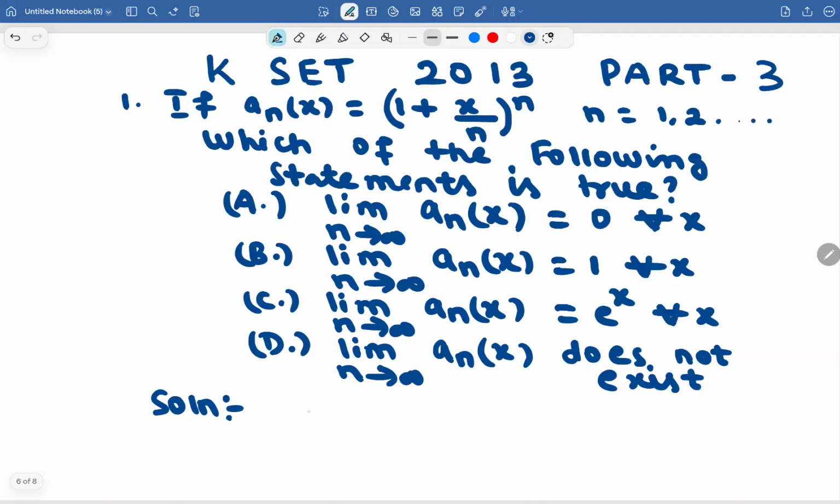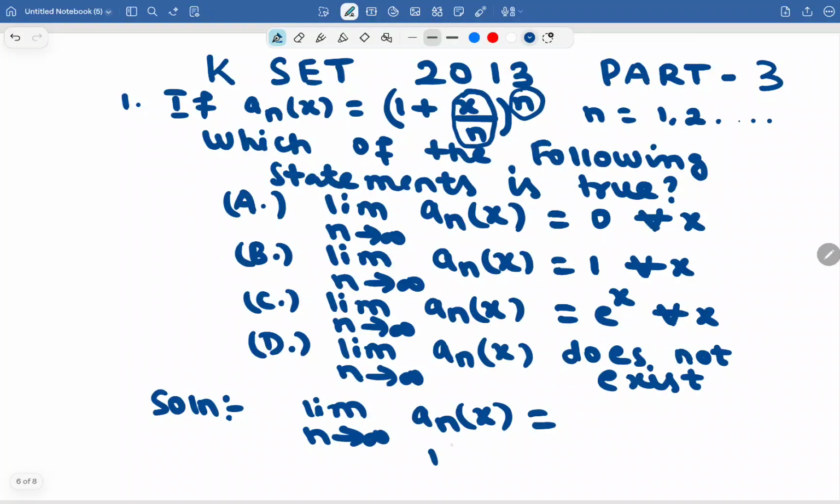Solution. Limit n tends to infinity a_n(x). If n approaches infinity, this part x by n becomes 0, and the exponent n becomes infinity. The problem will become 1 power infinity, that is, limit n tends to infinity (1 plus 0) power infinity.